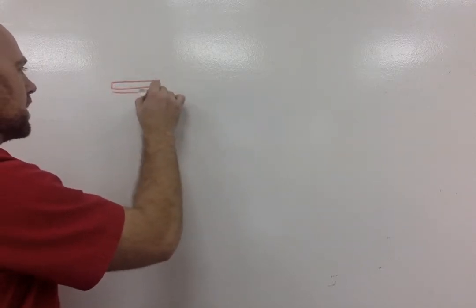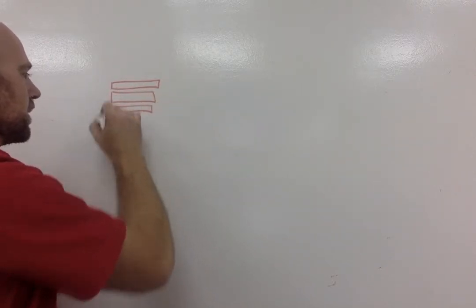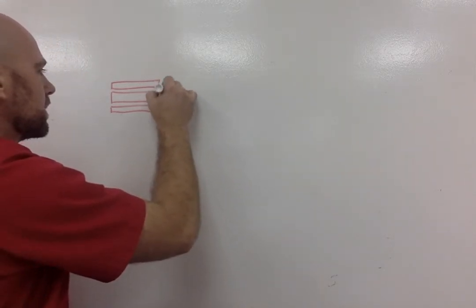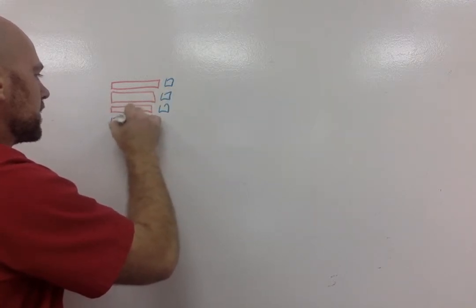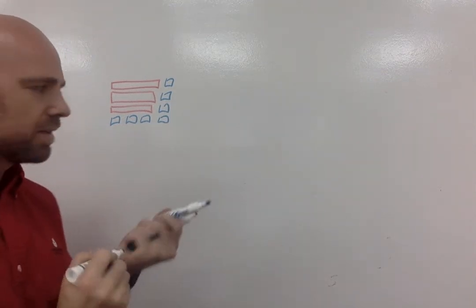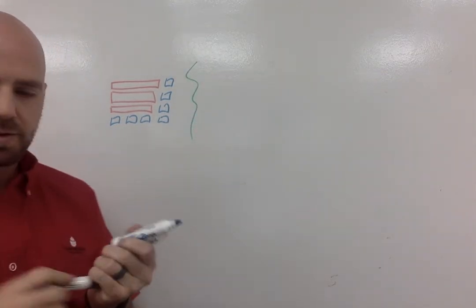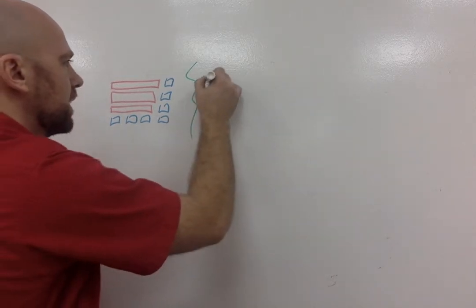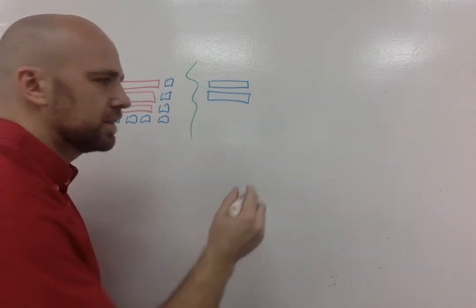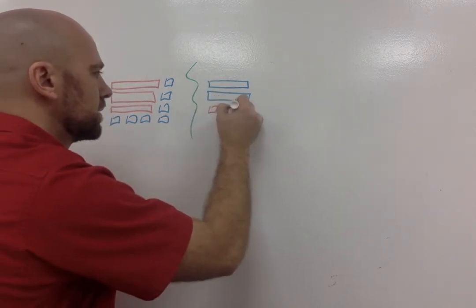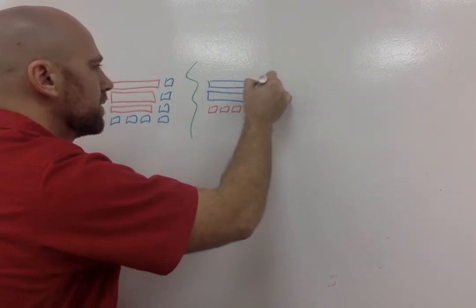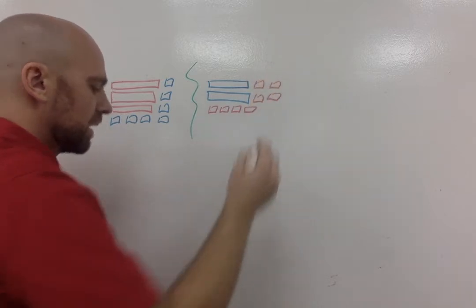If I've got 3 and 7 on one side, and then this is going to be broken up to my other side, which I'll have 2 and 8.